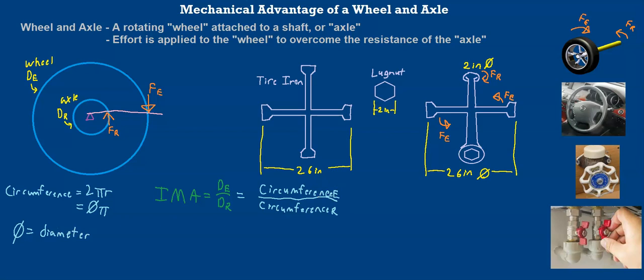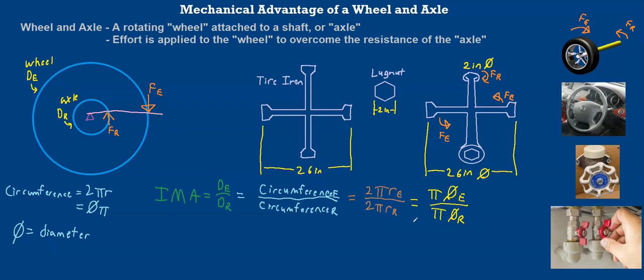And so then we can rewrite our Imadeer equation to be equal to 2 pi times the radius of our effort divided by 2 pi times the radius of our resistance, which would of course be equal to our circumference. Or we can rewrite this to say pi times the diameter of our effort divided by pi times the diameter of our resistance. And this might look familiar.